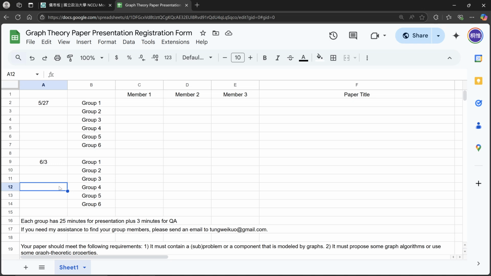So this also means we probably have to make our final exam online, okay? Because there's only 16 weeks, and this is already the last week. So the final exam will be an online exam. So you can use ChatGPT or any AI tools you want, okay?